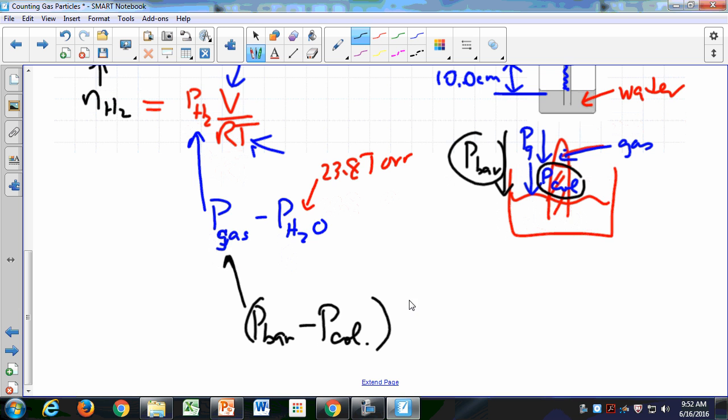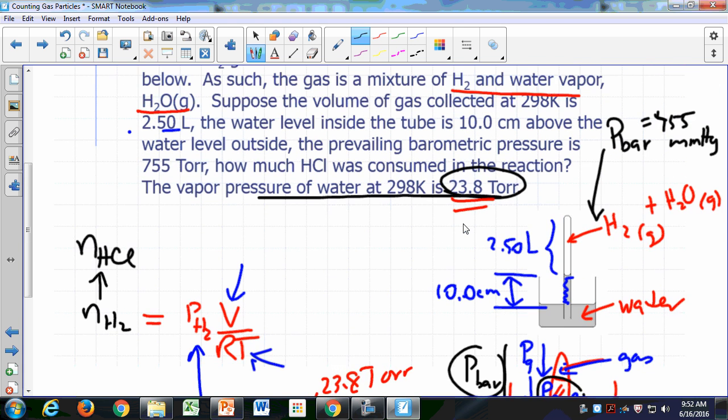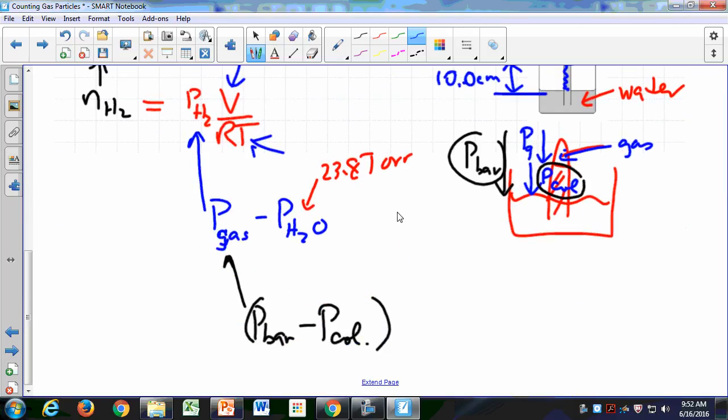Important thing to remember here: how do you get the column pressure of water? The water is 10 centimeters high, the height of the column. So just as a reminder, if you have 10 centimeters of water, that's 100 millimeters of water, right?